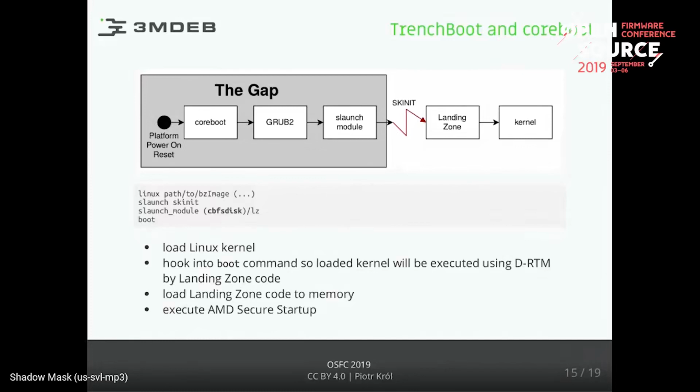And then we boot. The difference is that the boot command is not exactly the boot command that we typically run in GRUB. It is modified because we run those two previous things, slaunch skinit and slaunch module. It changes the memory layout so that when we boot, we execute skinit and run a landing zone, not the kernel, because in the normal case boot would jump to the kernel. In this case, we want a slightly different flow.